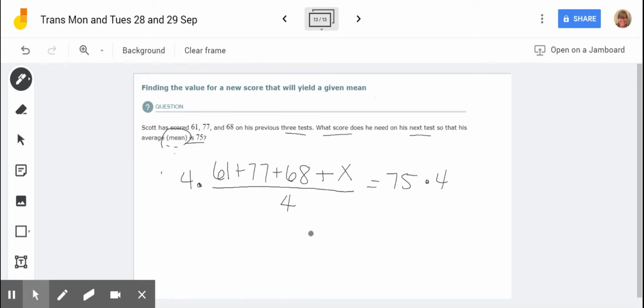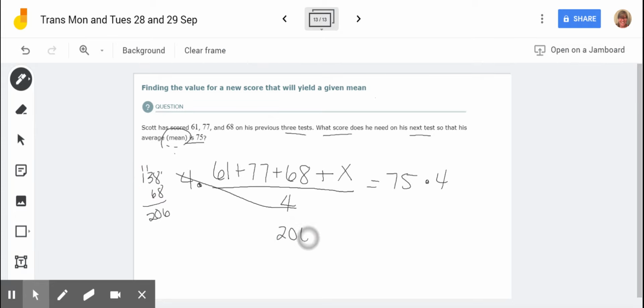So I'm going to multiply by 4 to get rid of the denominator. Remember, we did that a lot. Okay, 61 plus 77 is 138, plus 68: 8 plus 8 is 16, and that's 206.